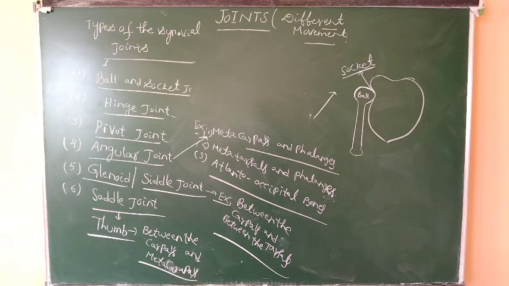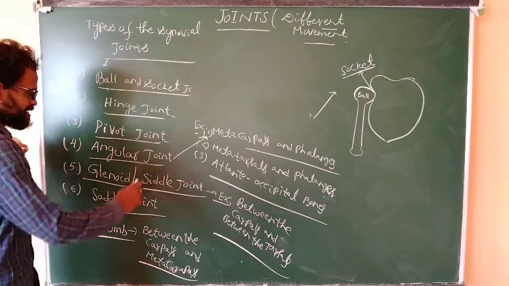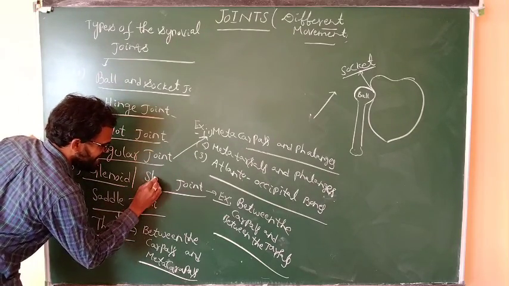Gliding, sliding, angular. These types are the gliding and saddle joints. These gliding joints are also known as sliding joints.